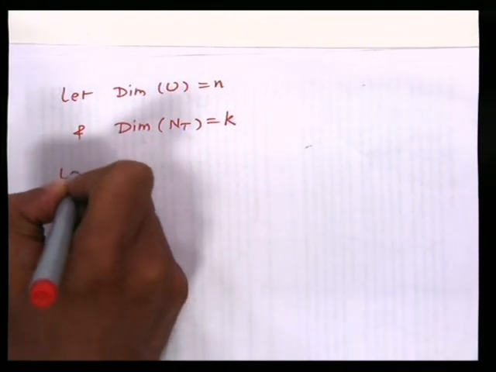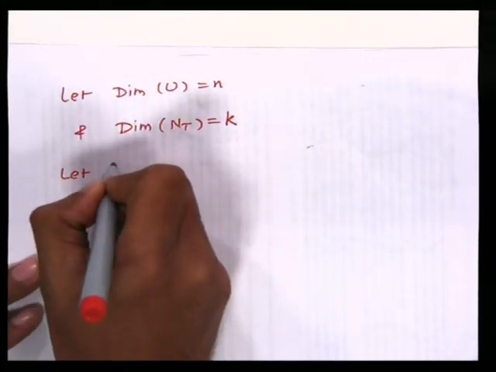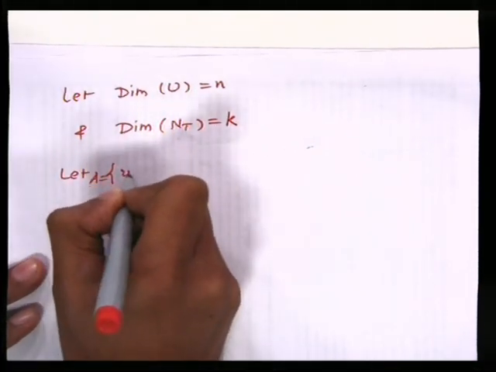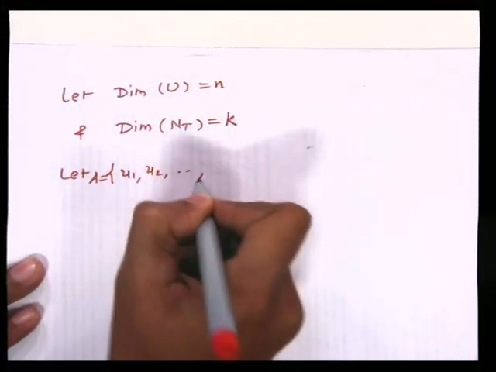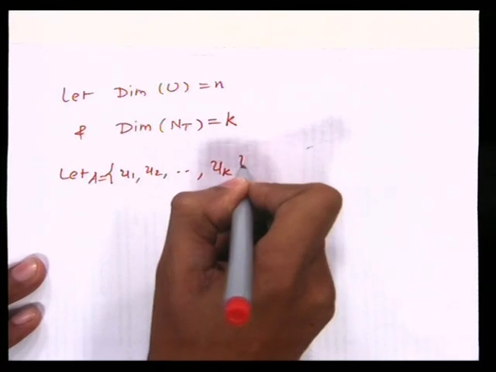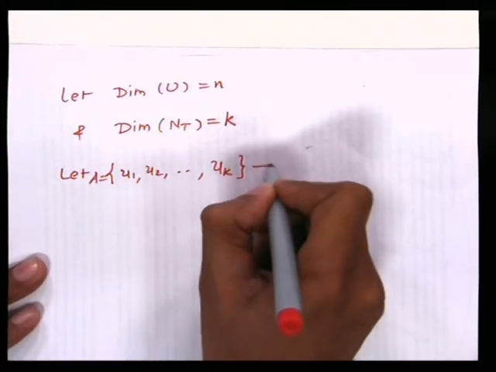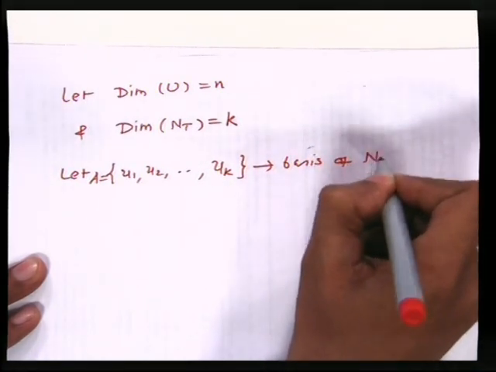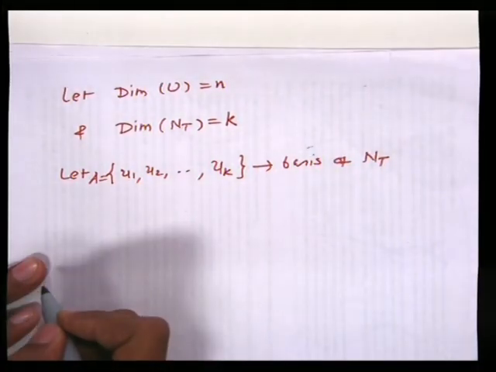Let the set A equal to u1, u2, up to uk be a basis of the null space N(T).